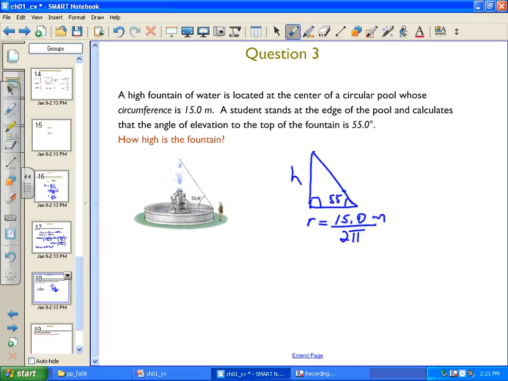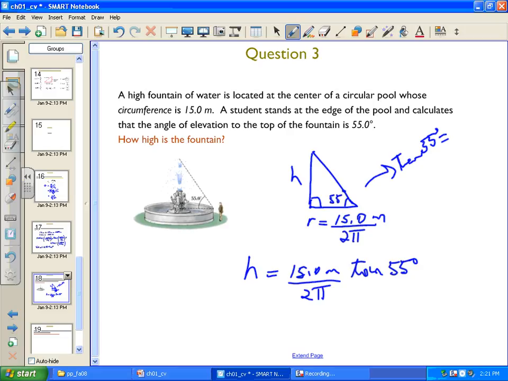So to determine h, we take r, 15 meters, divided by 2 pi, and we multiply it by the tangent of 55. Since the tangent of 55 from this triangle is equal to h over r. Here, our result yields 3.41 meters high.